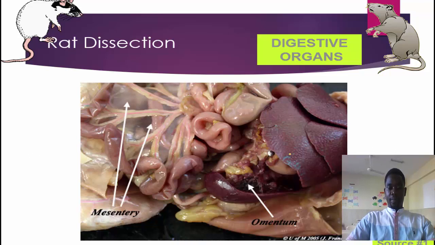Digestive system. The digestive system of a rat comprises several structures and organs, but very quickly we are going to view some of them. If you are to display the digestive system, generally you'll be able to see the mesentery. These are small epithelial tissues that hold the intestine together, and of course we have the omentum.